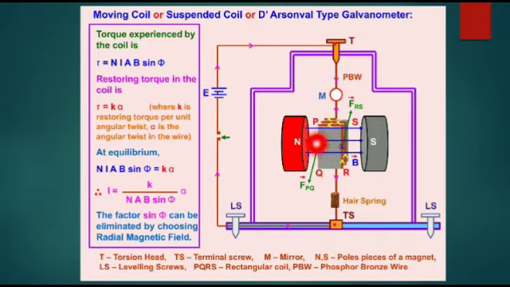The length is L and the breadth is B. The lengths PQ and RS are both equal to L, and the breadths PS and QR are equal to B. Let I be the current flowing through the coil PQRS.